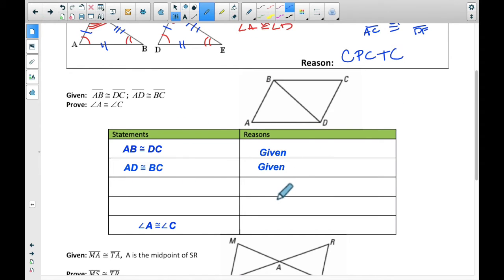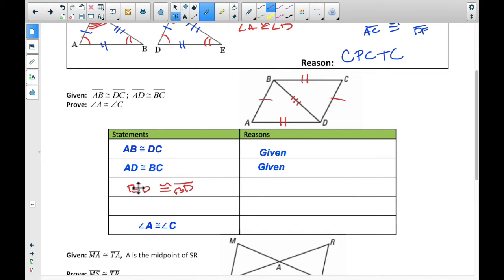All right, so here's our first proof. I have the given information filled out, so take a second to fill that in. In addition, these are not marked, so I'm going to take some time to mark these. So I've marked the information that I know, and now as I look at it, I can tell that there's this shared side, BD, which is shared by both of them, so I can say that side BD is congruent to side BD.